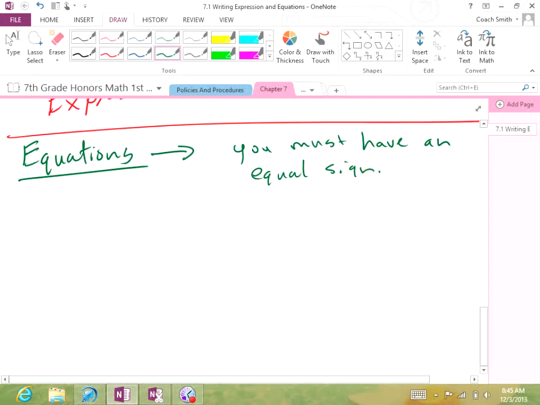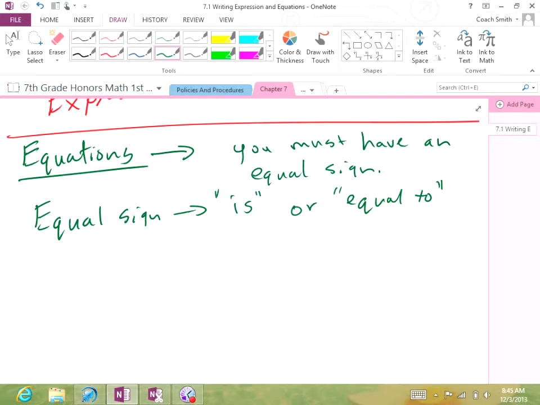Most of the time, the equal sign will be represented by the word is or equal. So when you see either the word is or the words equal to in a sentence, that usually means an equal sign.